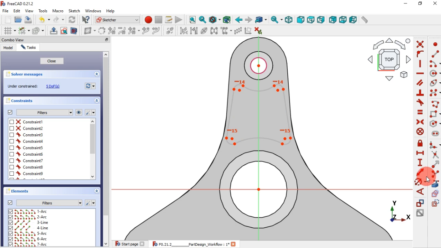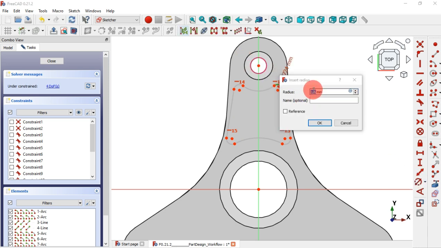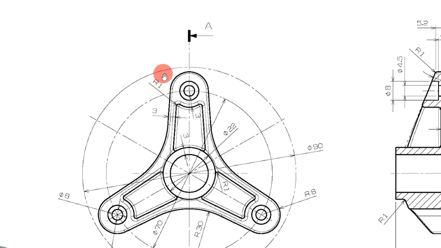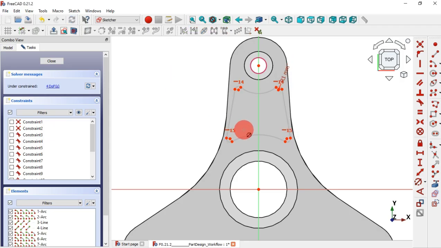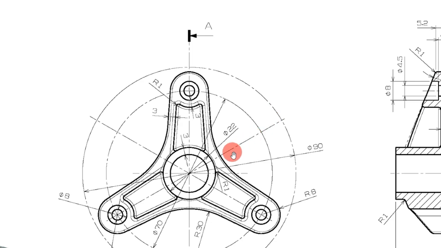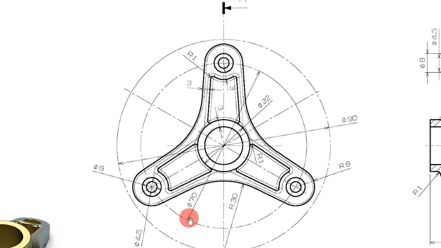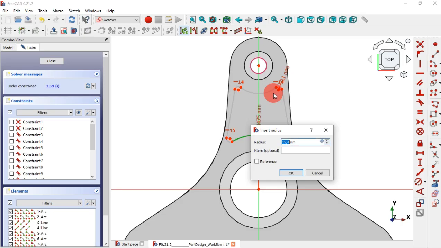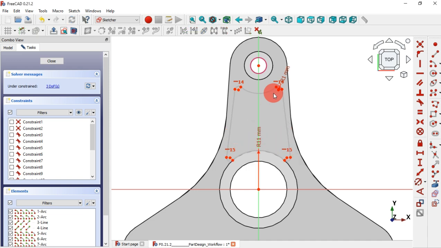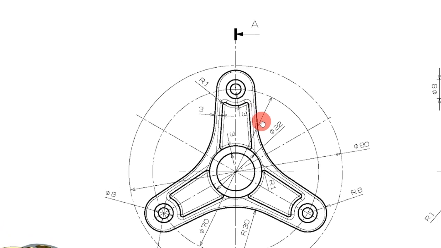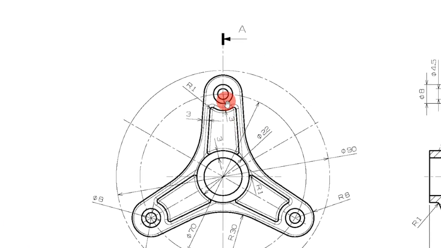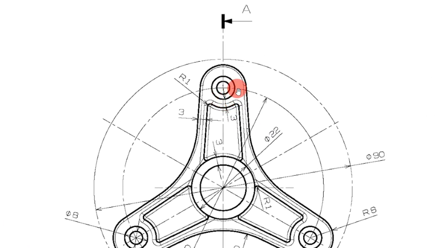Let's select constraint diameter and set the radius of this arc. Here will be 1 millimeter, as you can see. Let's set 1, and this arc here must be 11, half of 22. Okay, and this arc here, the radius must be, as you can see here, we have this distance from the circle to this arc.